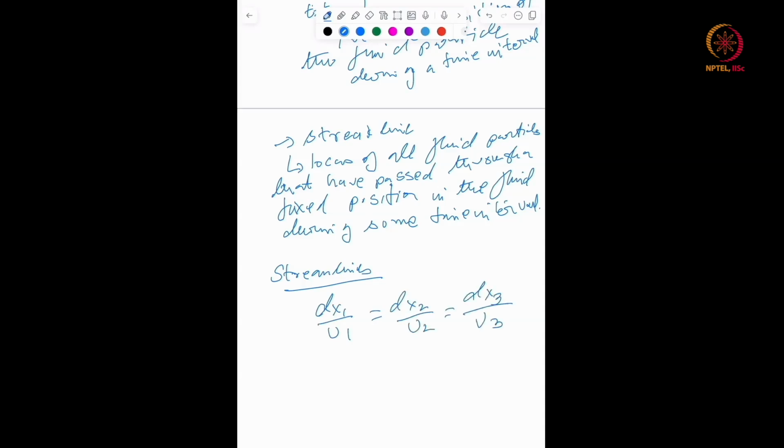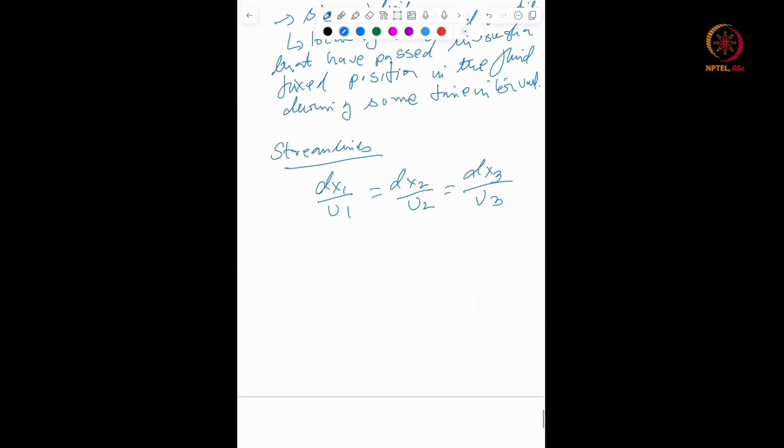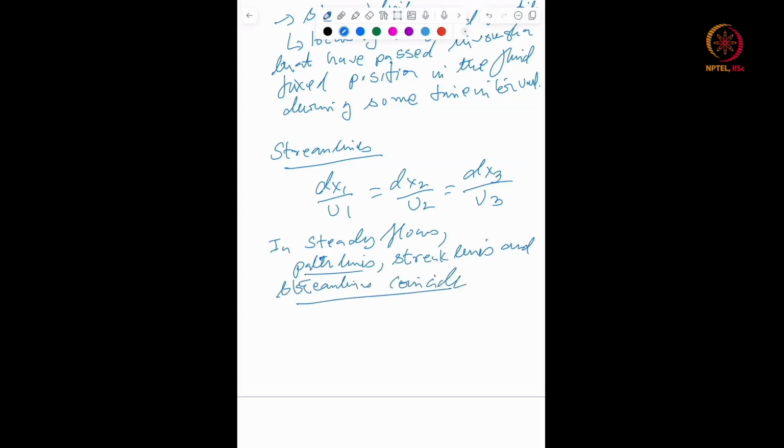Okay, so in steady flows, path lines, streak lines, and streamlines coincide. This is also something that you know already, probably. Okay? But in unsteady flows, they may be different.